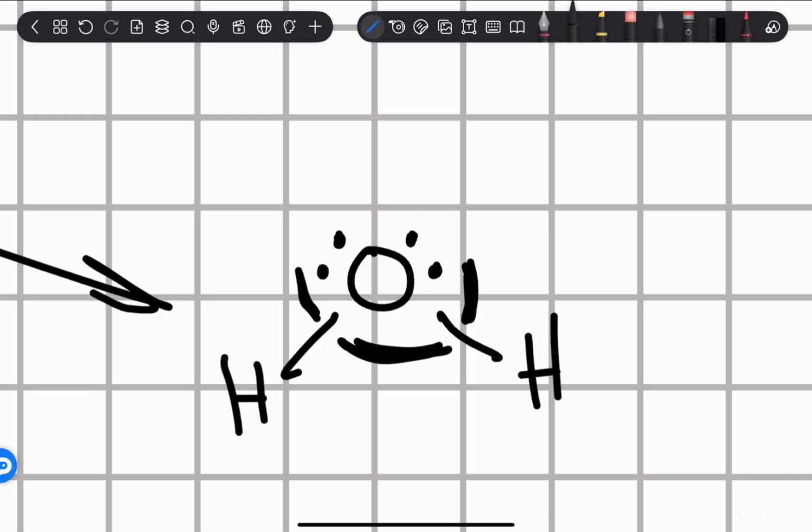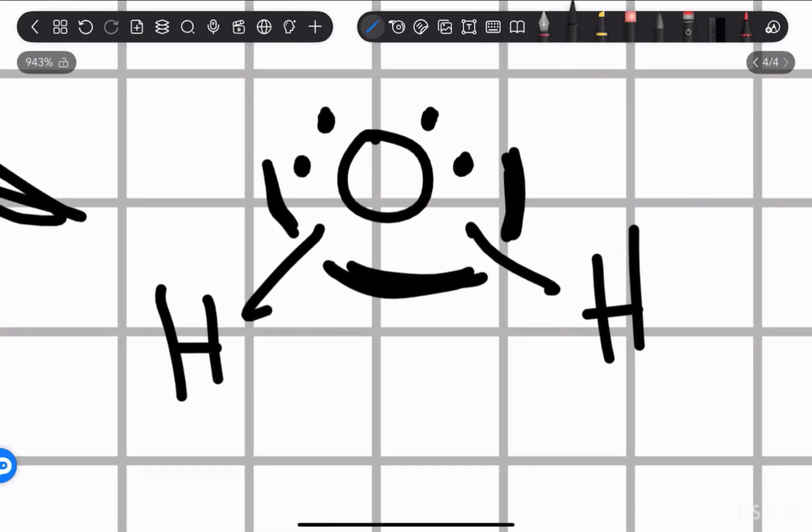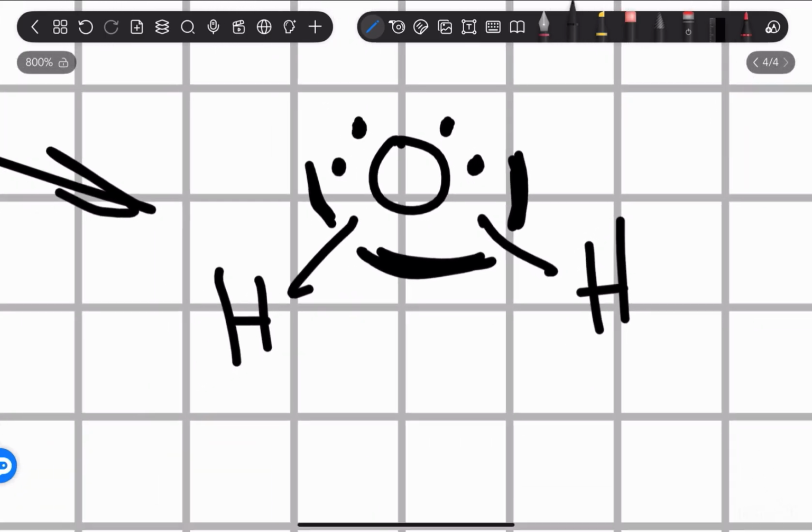This angle that water is at is measured as the bond angle. The bond angle is between the two hydrogens. So it's not with the central atom. It's between the two hydrogens. The central atom is involved in other bond angles in other molecules, but we'll look at those ones.